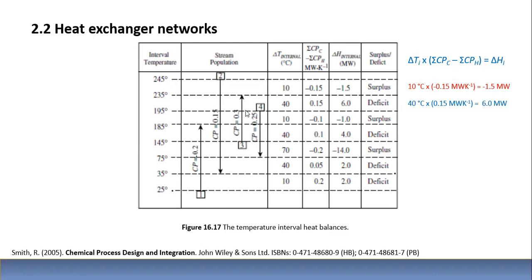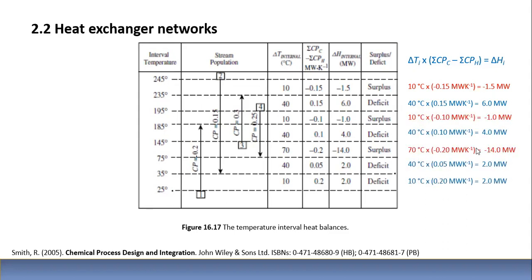So within this interval, we only have one cold CP, which is 0.3, and one hot CP, which is 0.15. So 0.3 minus 0.15 is 0.15 positive times 40. That's what you see there, 6.0 megawatts. So we repeated this for the rest, and that's why you will see some of them will have a negative sign. There was a surplus energy, and some of them there was a positive sign. There was a requirement of energy.